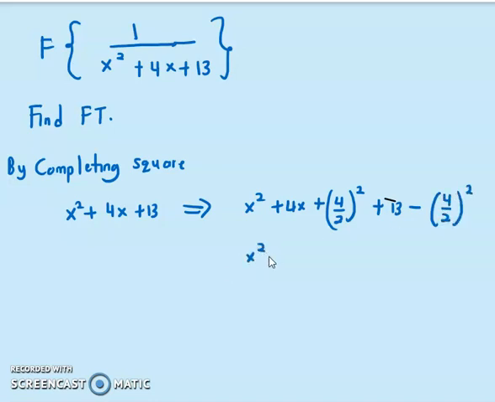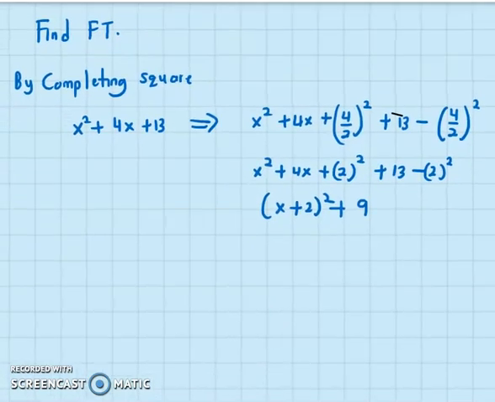So I have x squared plus 4x plus 2 squared, plus 13 minus 2 squared. That is x plus 2 squared plus 9. Okay, this is what we obtain by completing the square.